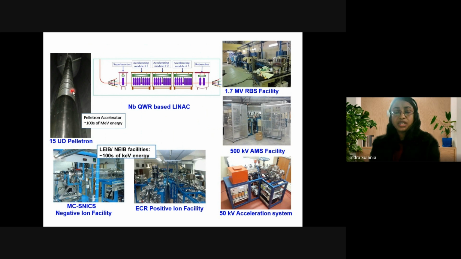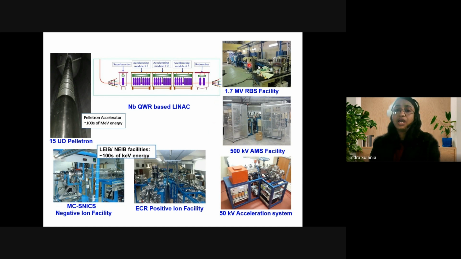And to boost the energy of these ion beams further, we have a booster superconducting linac, through which the pelletron output is fed into the linac, and more energy of the ion beam can be obtained, especially for nuclear physics experiments, where they want to see fission reactions by dividing a target atom into two unstable nuclei, and find out the time and coincidence spectra of the nuclei to study their basic physics properties.